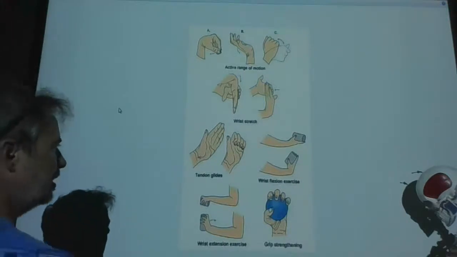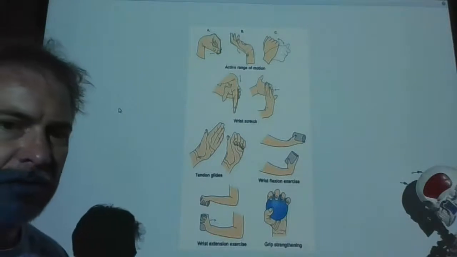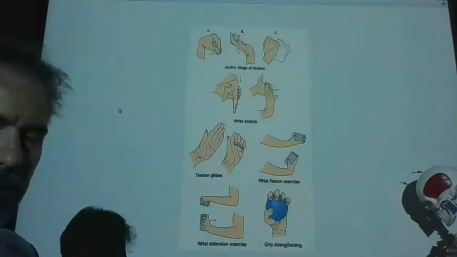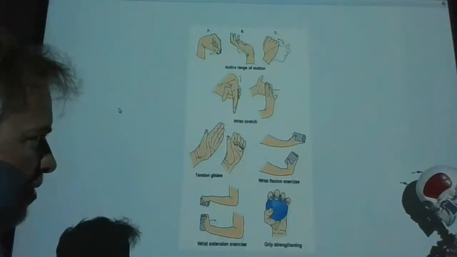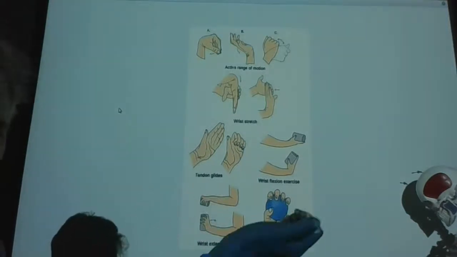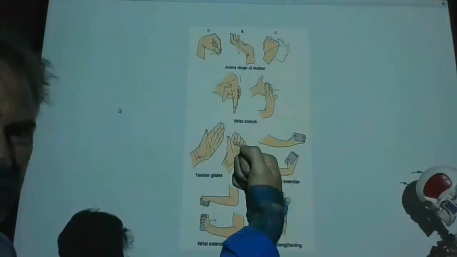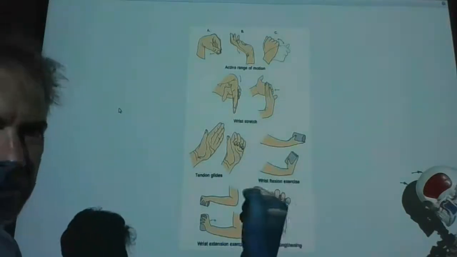Okay. Let's check out this exercise. Now, again, this is why I try to preach. We don't associate muscles with motion. Look at that thing, wrist flexion exercise. If your exercise was just wrist flexion, how the heck are you going to reset it to do another rep? You're going to have extension.